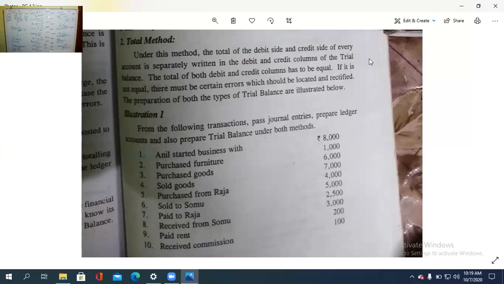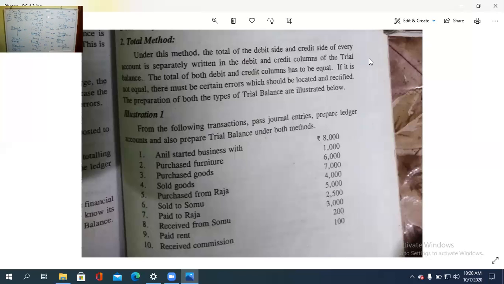So then we need to, yes, mainly cash account needs to be balanced, personal account also to be balanced, the rest as it is, because if there is any item on the opposite side, we need to balance. See, purchases as it is, sales as it is, then see, Raja, personal account needs to balance, then Somu, personal account needs to balance, rent expense as it is, then commission as it is.